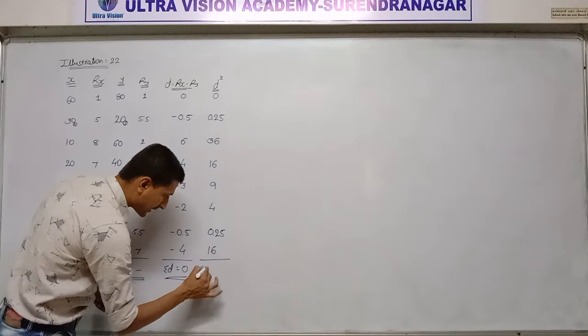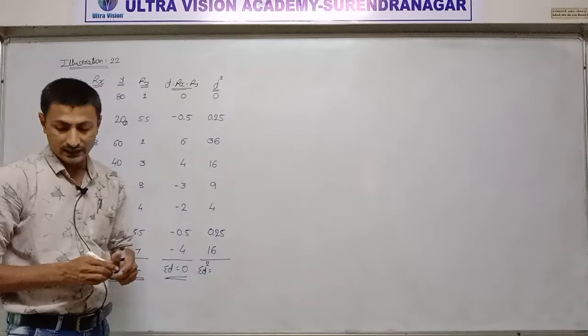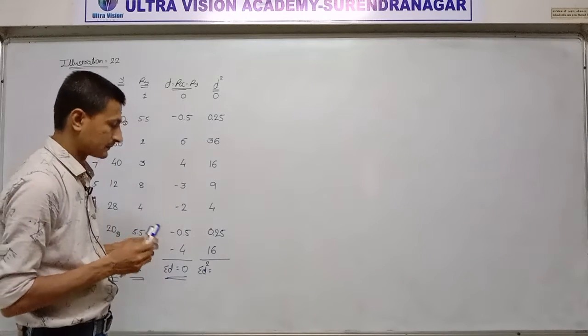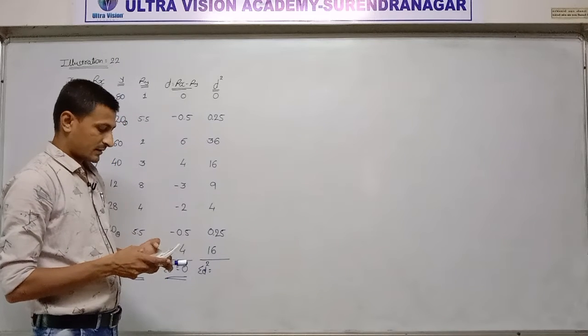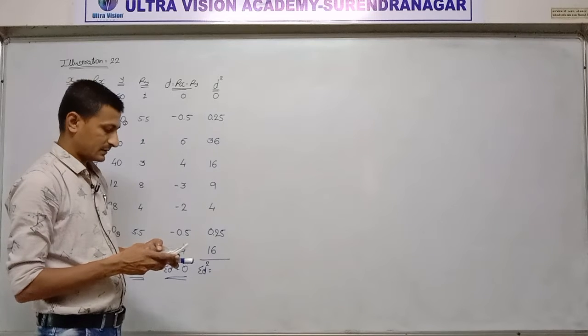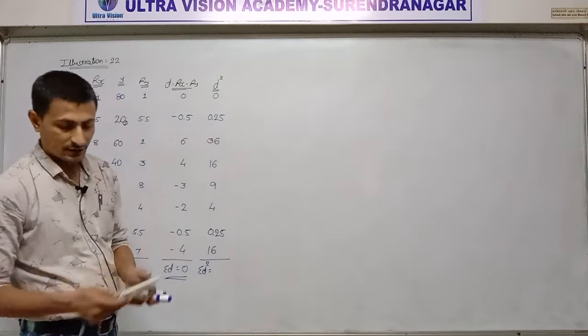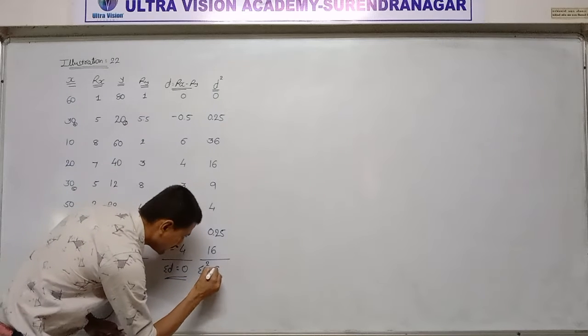The total is denoted by sigma d square. Check using calculation: 0.25 plus 36 plus 16 plus 9 plus 4 plus 0.25 plus 16. The total is 81.5.